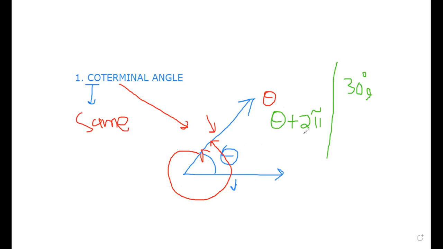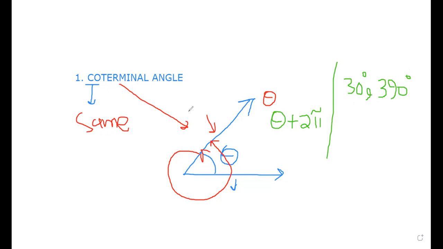Simply add one complete circle, one complete revolution. One complete revolution has angle 2 pi. So 30 plus 2 pi, 2 pi means 360, 360 plus 30 will be equal to 390. So these two angles have the same terminal ray or terminal side. So these are called coterminal angles.